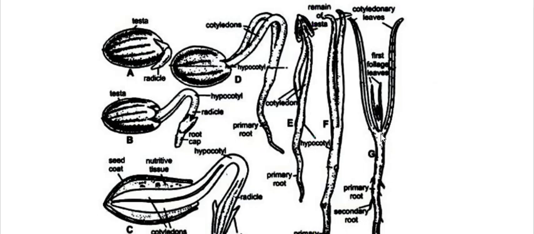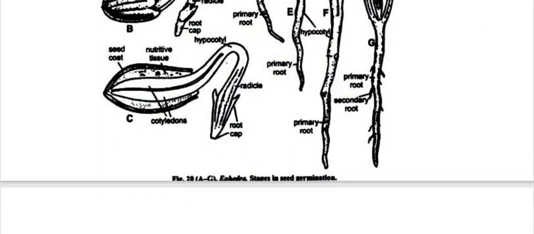And in this way, after germination, the sporophyte plant body is produced from the germination of the seed.